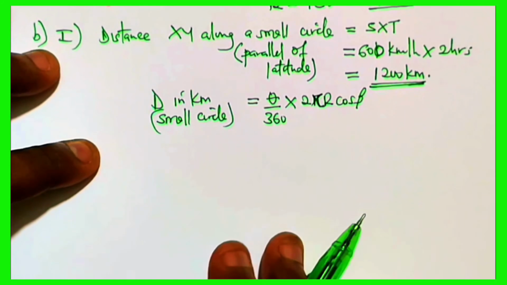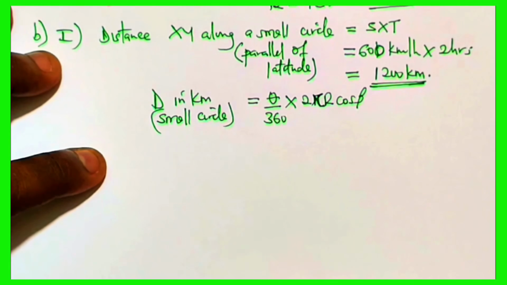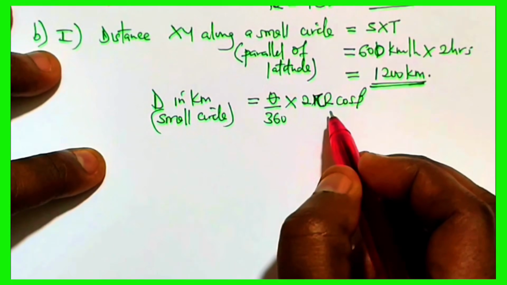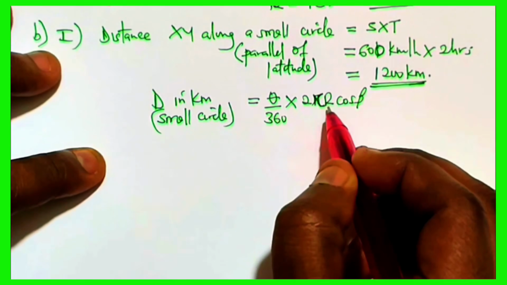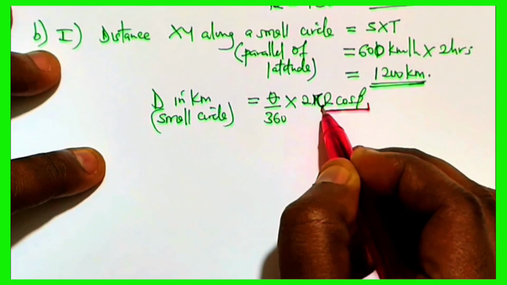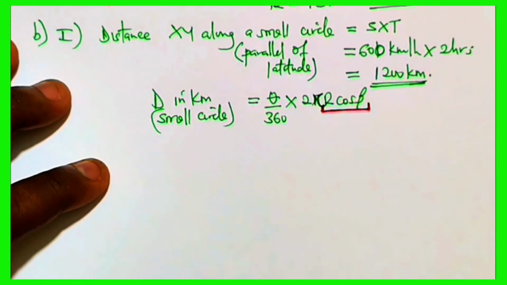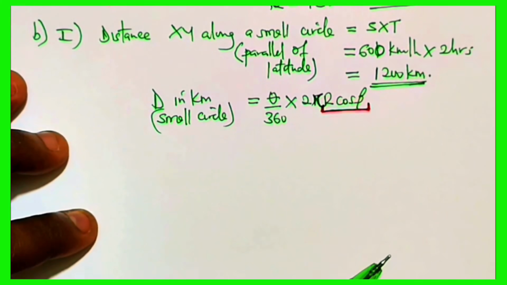But then remember we said that the radius of a latitude will be equal to R cos beta. So in this formula we need to make R cos beta the subject, and this will give us the value of the small r, or the radius of the circle of latitude.